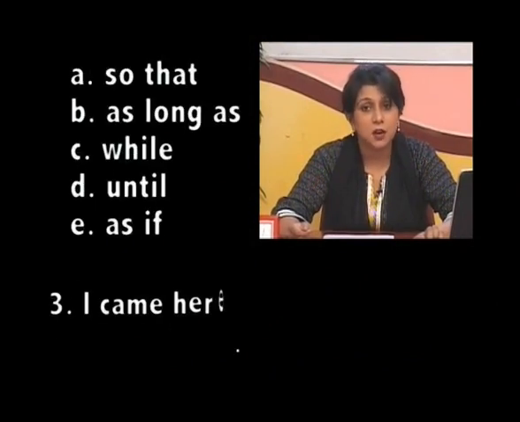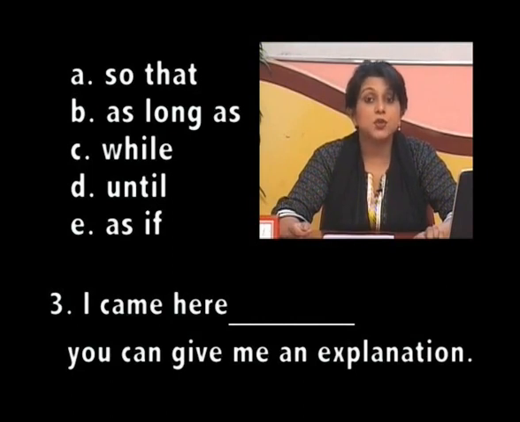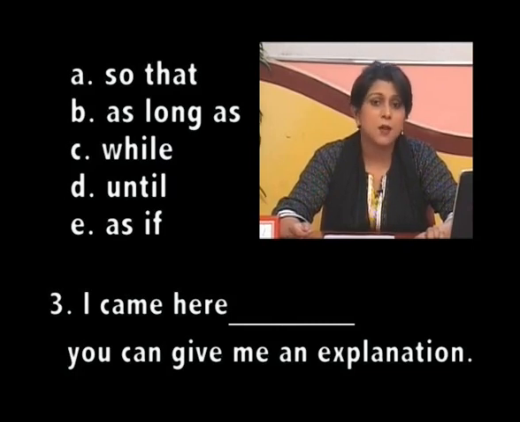Let's look at another sentence. I came here, dash, you could give me an explanation. The options are A, so that, B, as long as, C, while, D, until, and E, as if.